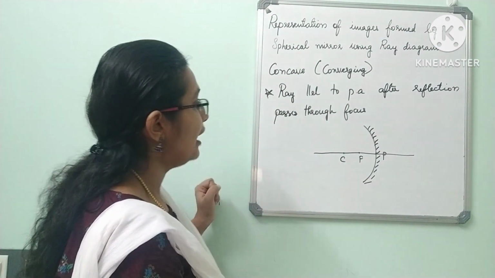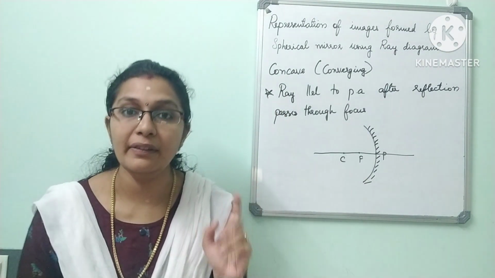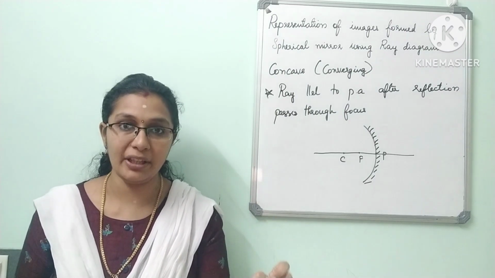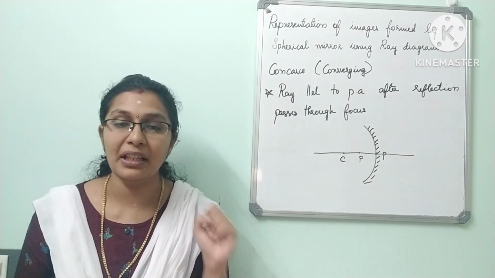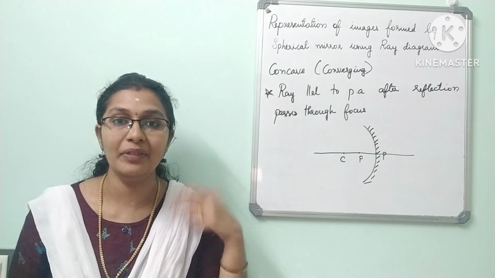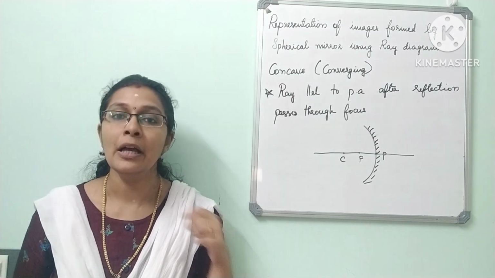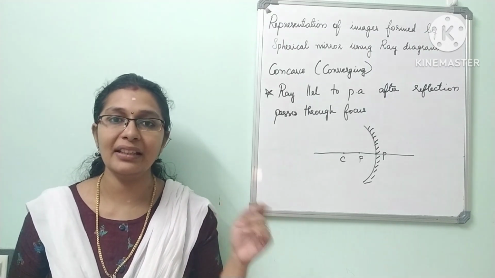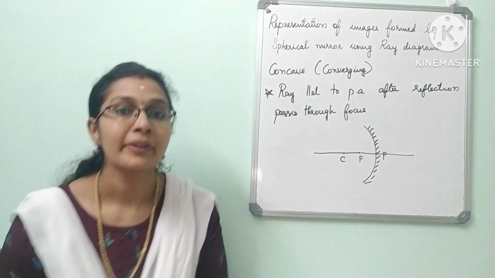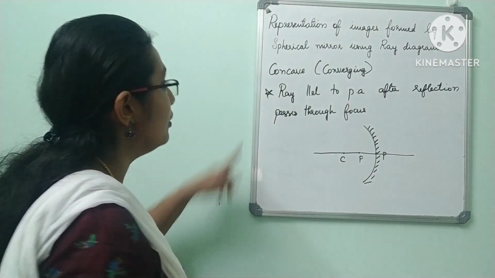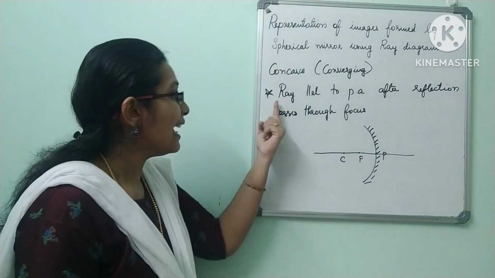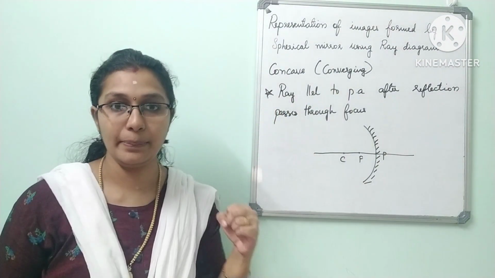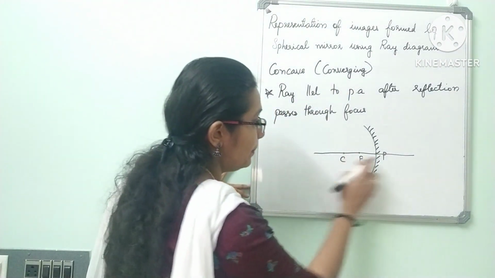Correct? Yes. Now you are going to draw a ray. Always remember, whenever you are drawing a ray, the arrow mark is very important to indicate which direction it is moving. Clear? So a ray without an arrow mark cannot be considered a ray. So always remember this. Now read this. A ray parallel to principal axis. So now this is the principal axis.